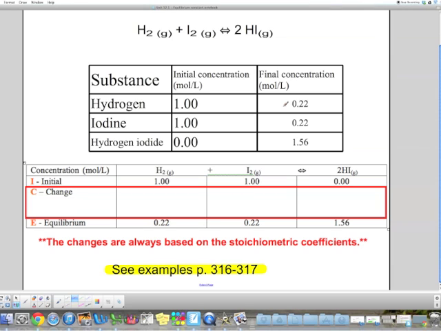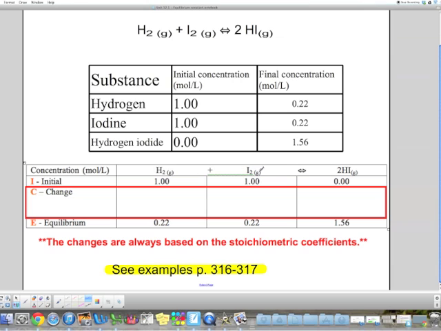From now on, to work with an equilibrium situation, we're going to work with what we call an ICE table, for I for initial, C for change, E for equilibrium. The way this works, it allows you to complete the information that you may be missing.